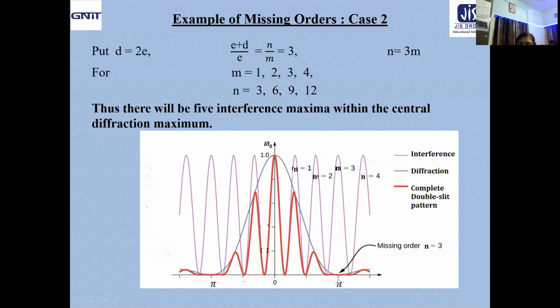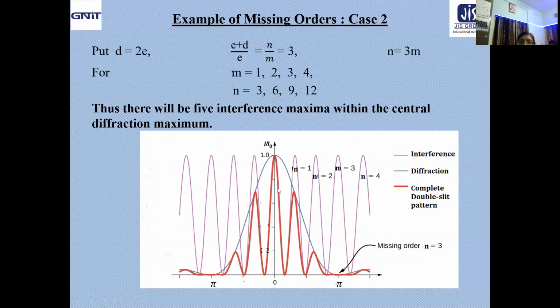Now, with which is it coinciding? N equal to 3 is coinciding with first order minima. So third order interference maxima is coinciding with first order minima. Similarly on this side, the third order interference maxima is coinciding with first order minima.